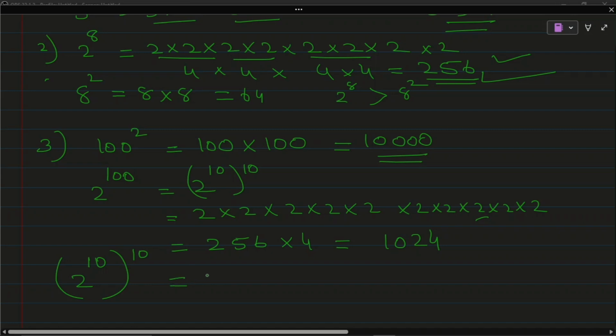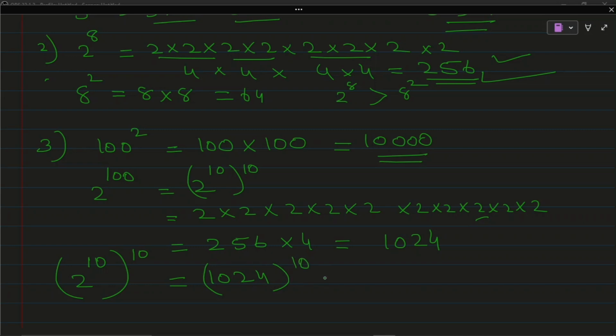Now 2 raised to 10 whole raised to 10 means 1024 whole raised to 10. That means we have to multiply 1024 10 times. And here the first answer is 10,000 only.